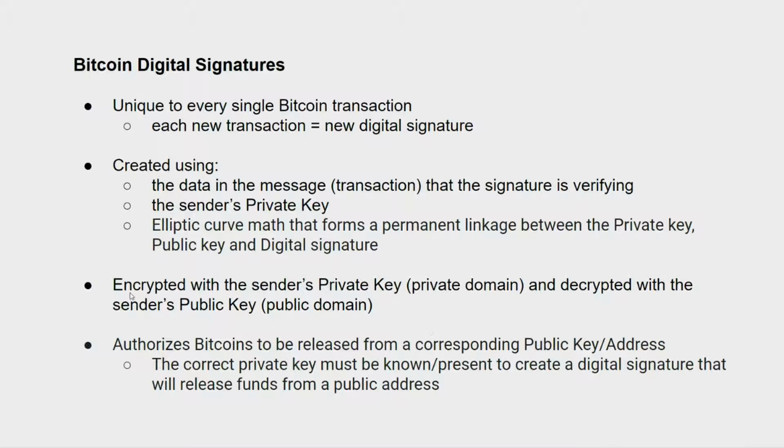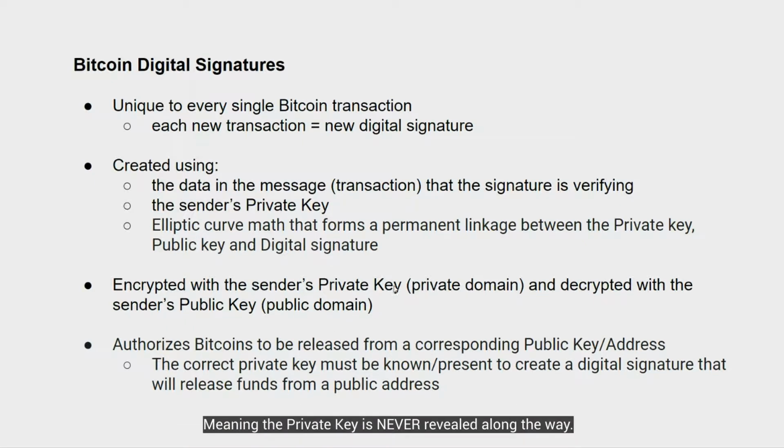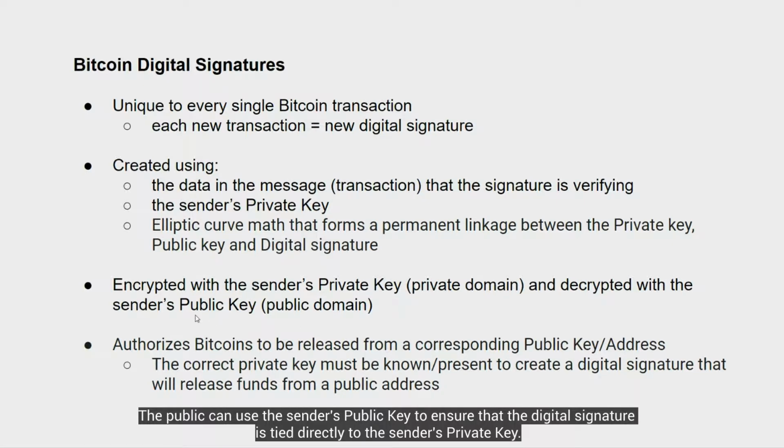As previously stated with the check example, the private key is used to encrypt the message or digital signature, and the public key is used to decrypt it, meaning the private key is never revealed along the way. The sender sends a digital signature that was created with the private key, and the public can use that sender's public key to ensure that the digital signature is tied directly to that private key.